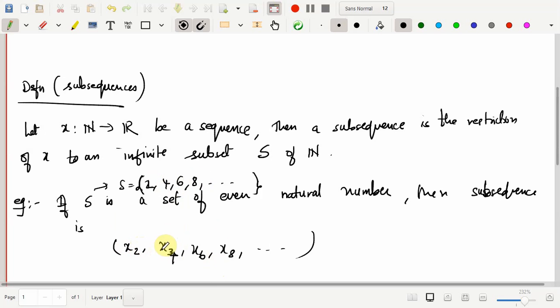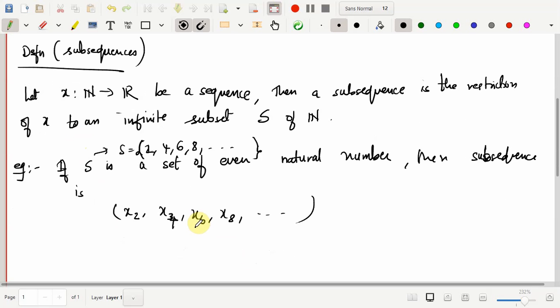This is the second element in the sequence which you have generated, and x6 is the third element in the new sequence. This is a subsequence of the sequence x. I assume that the sequence given here is x itself, so x1, x2, x3, x4, x5 are the terms of the sequence, and I have taken only some of these terms.